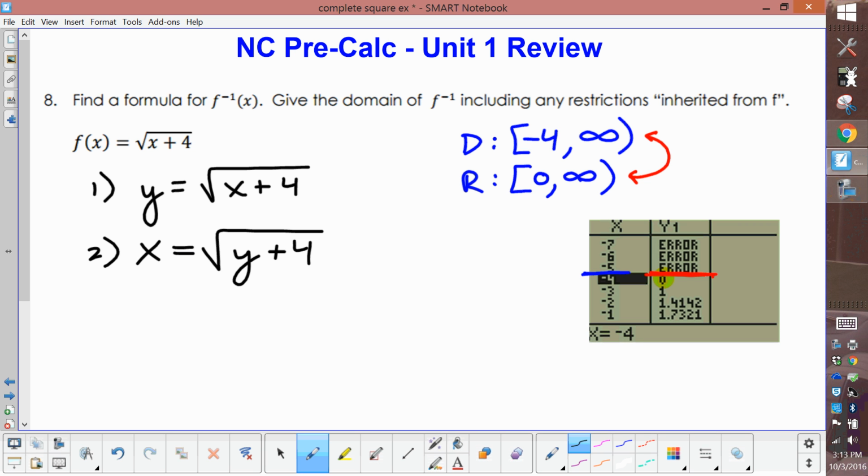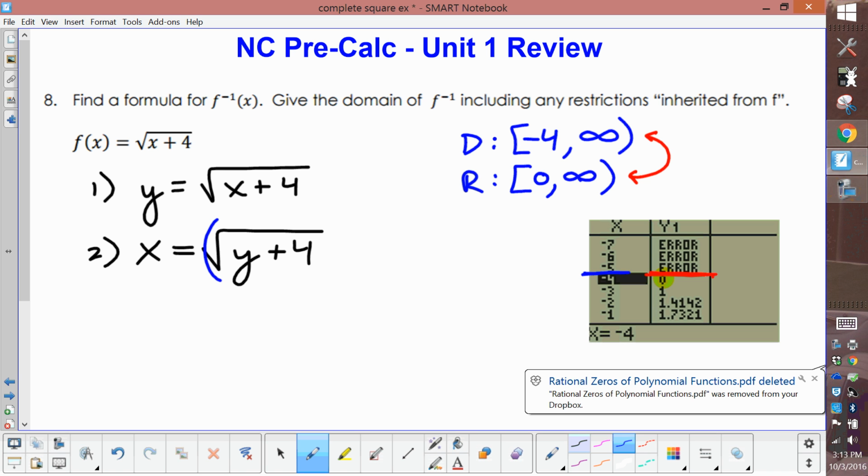Okay, step 3, I'm now going to solve for y. I'm going to get y all by itself on the right side of the equation. So I start off by squaring this whole thing. I get rid of the large square root symbol, and I have to do it over here too, because squares and square roots are opposite operations, so these would cancel each other out.